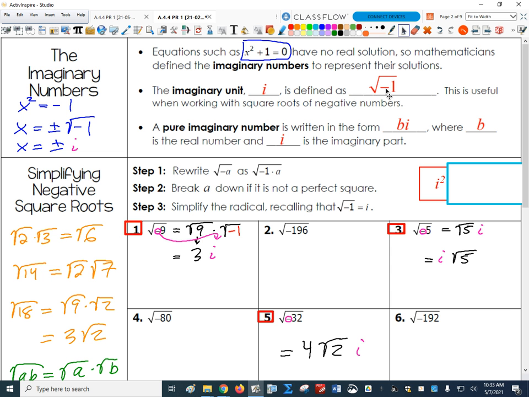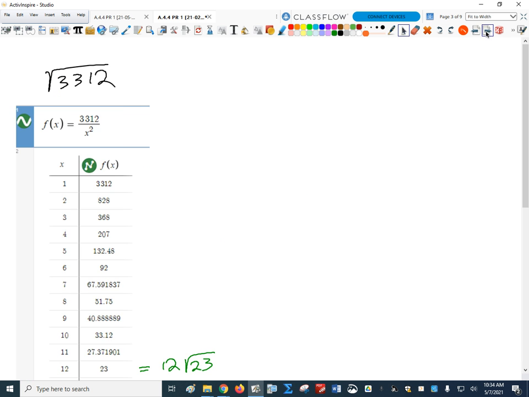It cancels it, doesn't it? So what should i squared equal then? If i is equal to the square root of -1, i squared equals what? -1. Strange, huh? Because all I'm doing is canceling that radical. So we'll come back to that. That's an important point.